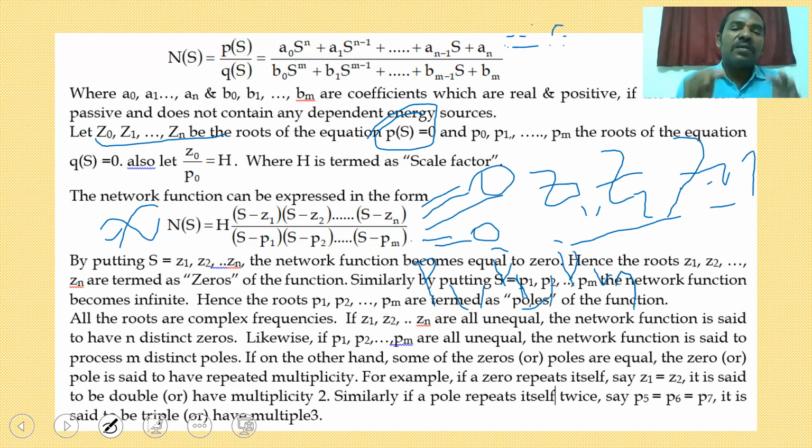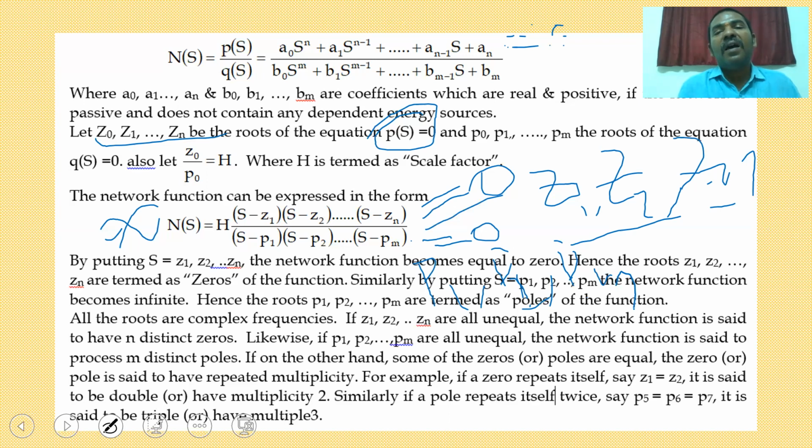Whatever the zeros and poles of your given network function, they must be on the left side of the S-plane or at the margin of the S-plane, then the system is a stable system. If any pole or zero is lying on the right half of the S-plane, then the system is an unstable system.